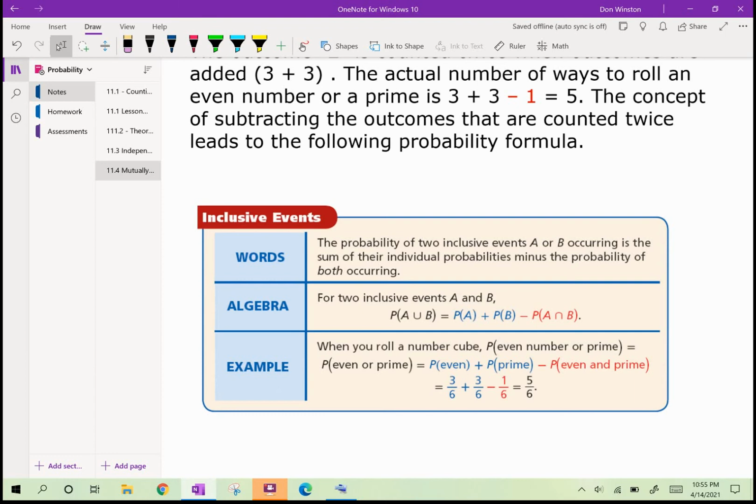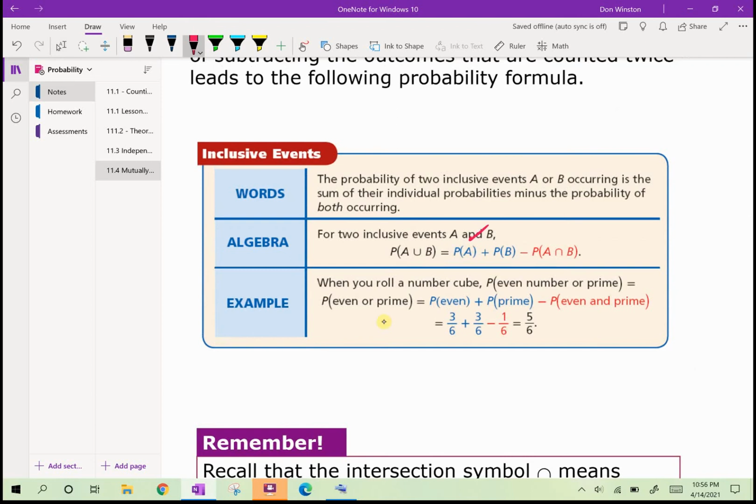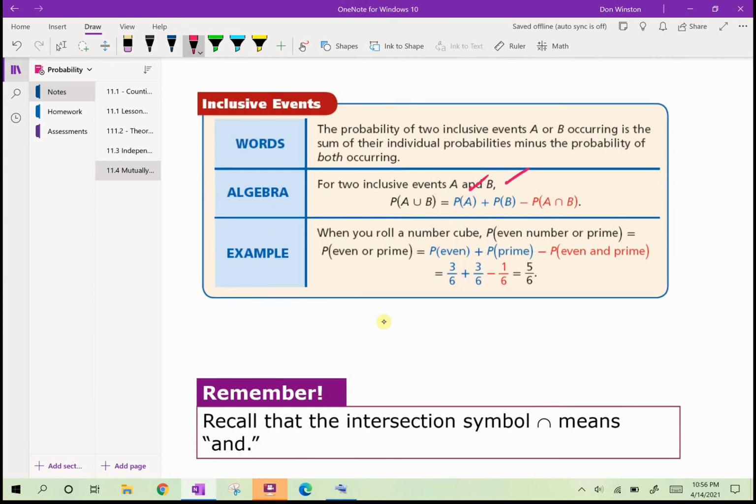So for 2 inclusive events, we say the probability of A or B is equal to, we add up the probability of A plus the probability of B, and then we subtract that which is common to both A and B. And that intersection symbol, recall that the intersection symbol means and. The other one we saw was or.